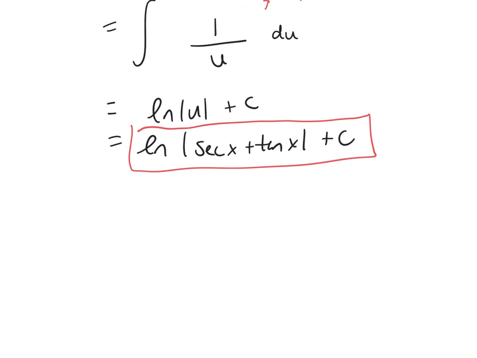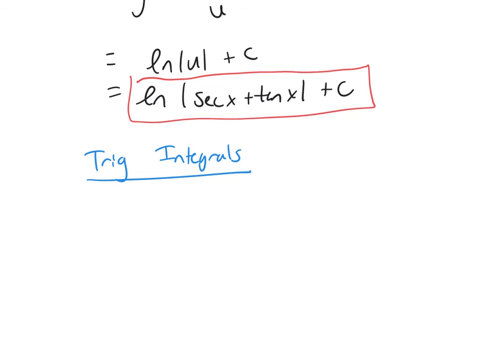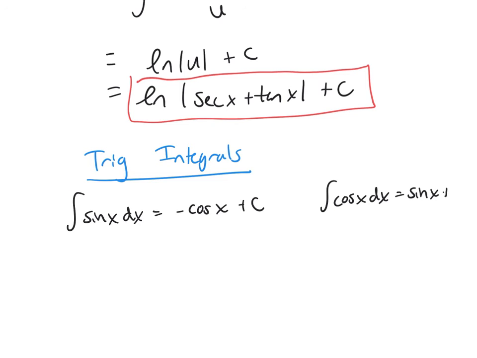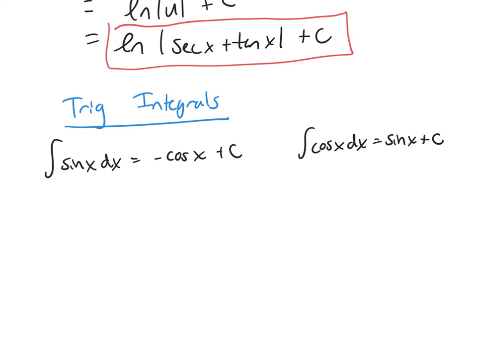So now that we've done a couple, I'm going to state all of our trig integrals. The integral of sine is minus cosine, and the integral of cosine is sine. These were two that we knew before. We just did the integral of secant.